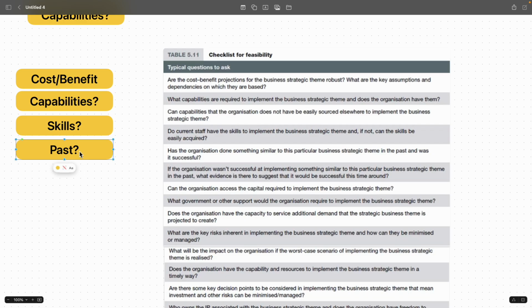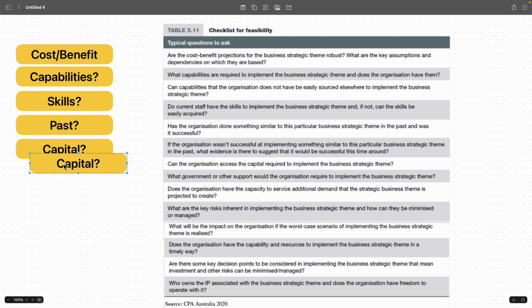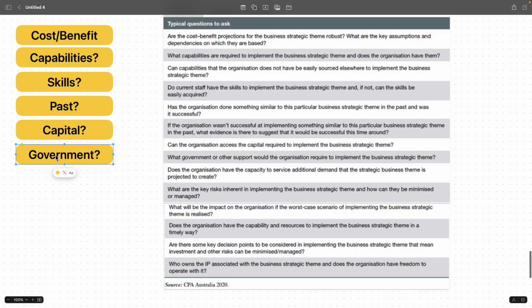So the next one you're looking at is whether you've got enough capital or not. Money. Got money for the whole project or not? What about government? Will the government support you or be against you? Does the organization have capacity to service additional demand? So you check your capacity also.